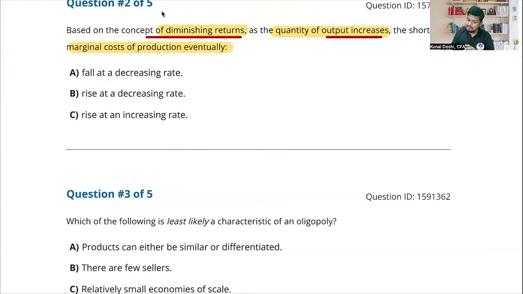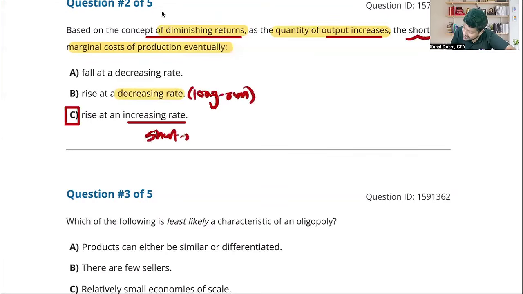So now the choice is between B and C: rise at a decreasing rate or at an increasing rate. Well, the answer is rise at an increasing rate. Why? Rising at a decreasing rate happens only in the long run.